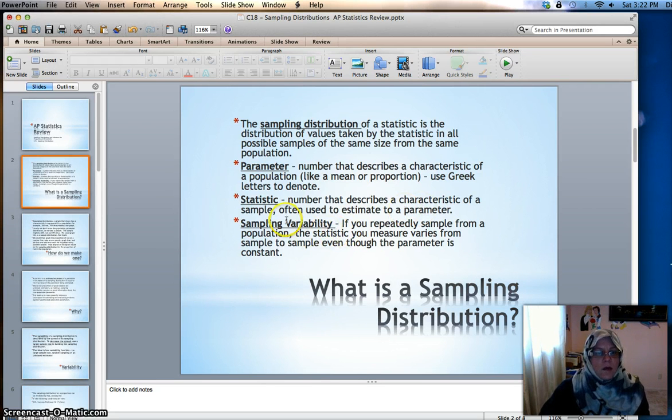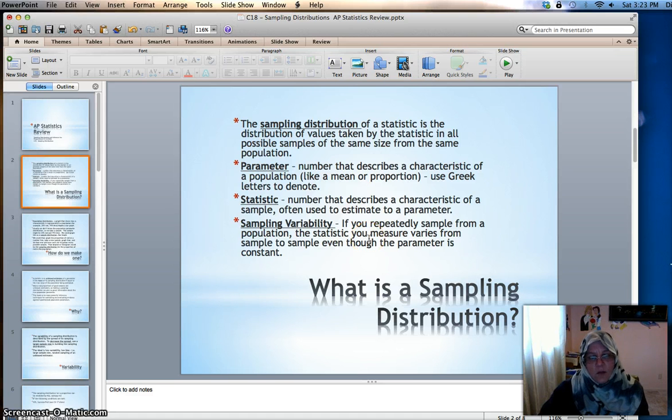Sampling variability is just the idea that if you repeatedly sample from a population, the statistic you measure varies from sample to sample, even though the parameter stays the same. So let's say that in the United States, the proportion of people whose favorite color is red is 30%, okay?